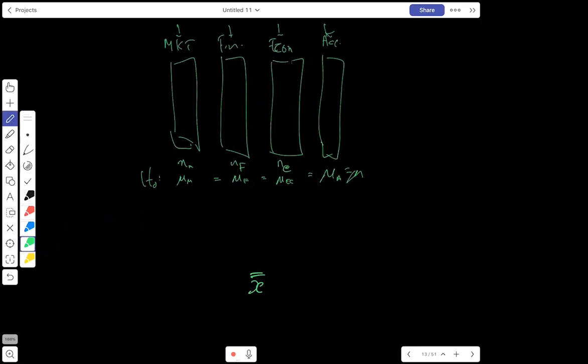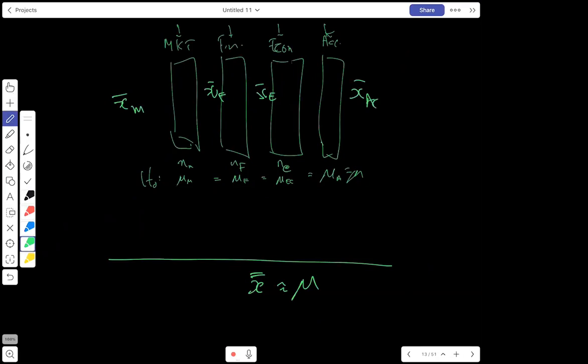X double bar will be my best estimate of the overall average for that population that we said they all came from. But what will happen is that we will find our sample averages, which for example would be X bar for marketing, X bar for finance, X bar for econ, X bar for accounting.